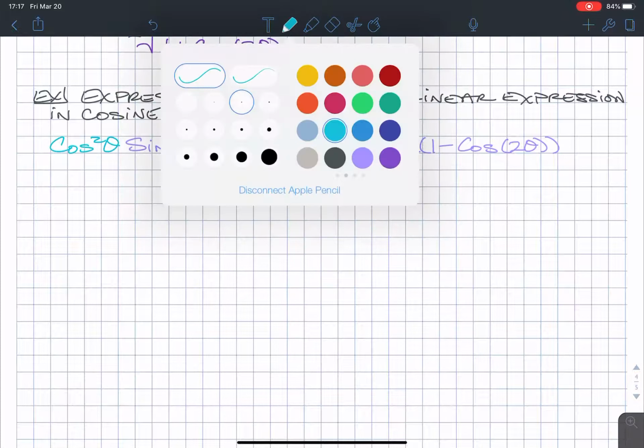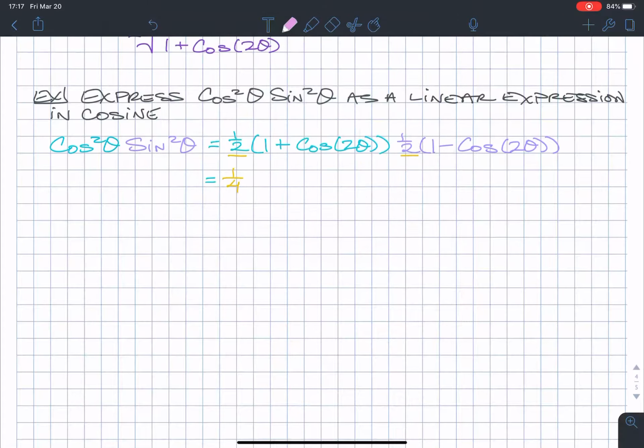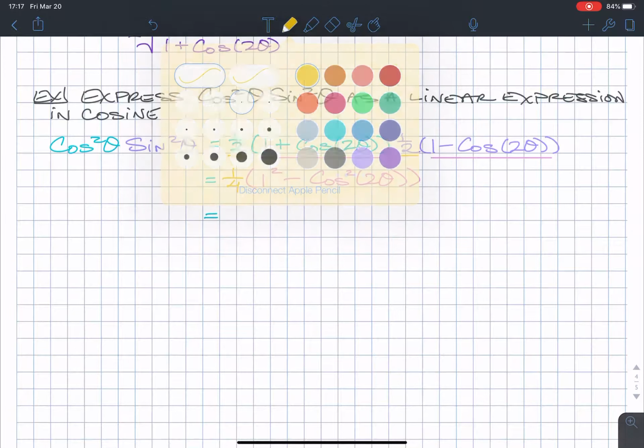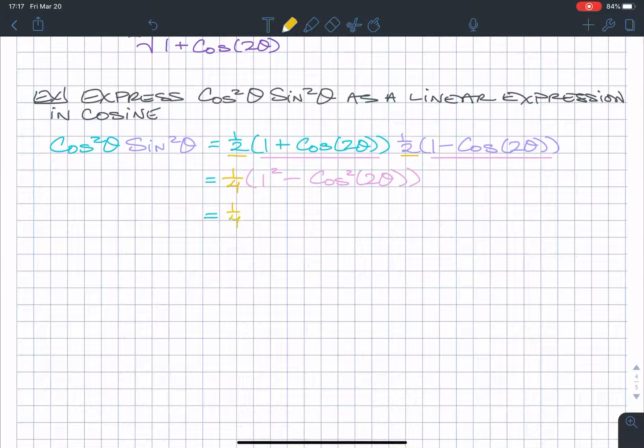And then looking at 1 plus cosine 2 theta and 1 minus cosine 2 theta, I notice that's a difference of squares, namely 1 squared minus cosine squared of 2 theta. So what this gives me then is 1/4 the quantity 1 minus cosine squared of 2 theta.